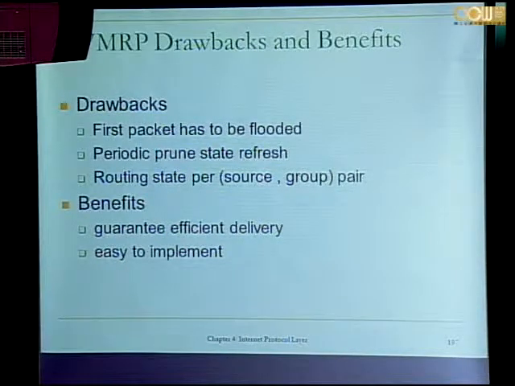And the drawback is that the first packet or the first few packets need to be flooded. And there'll be periodic prune state refresh. Otherwise, it would time out. And the routing state or the prune state is per group per source. Per group per source.